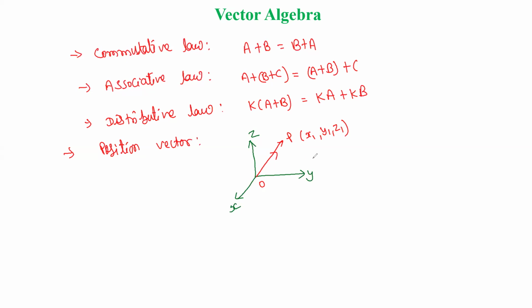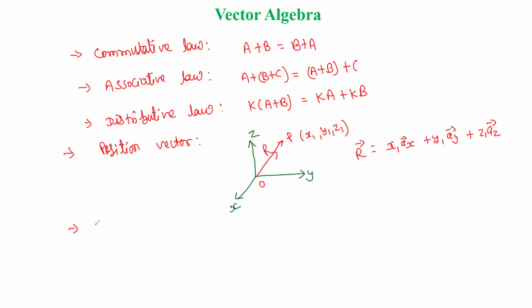This vector will represent the position of the point P. Suppose we give it the name R. We can write the position vector R as x1 ax plus y1 ay plus z1 az. This is the position vector R.